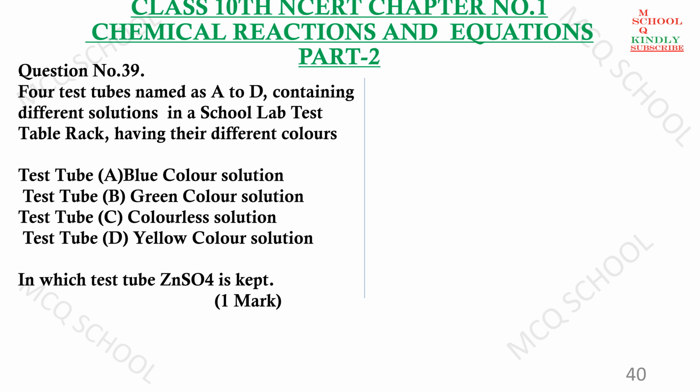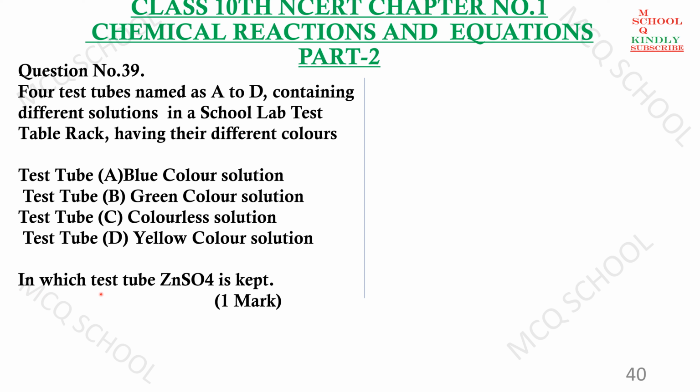Let us take question number 39. In this, 4 test tubes named A to D containing different solutions in a school lab test tube rack, having their different colors. Test tube A, blue color solution. Test tube B, green color solution. Test tube C, colorless solution. Test tube D, yellow color solution.